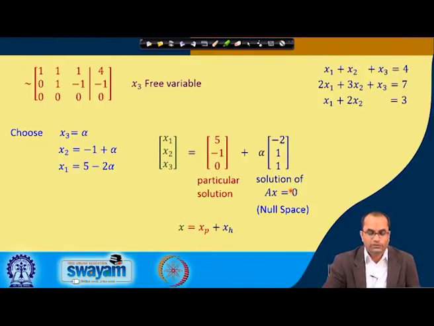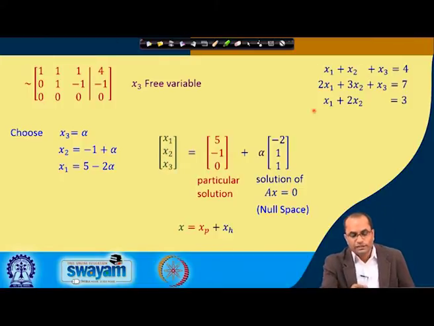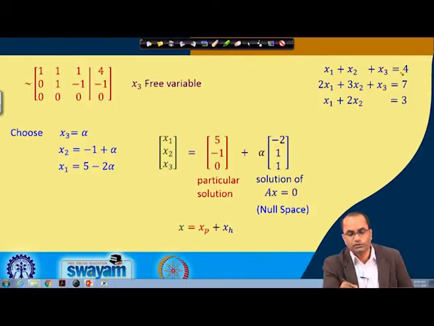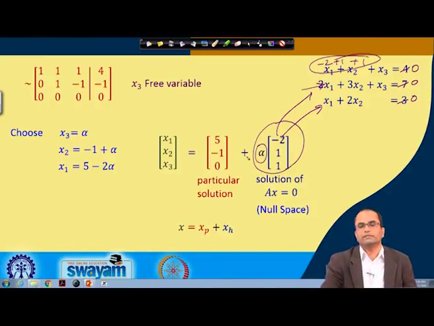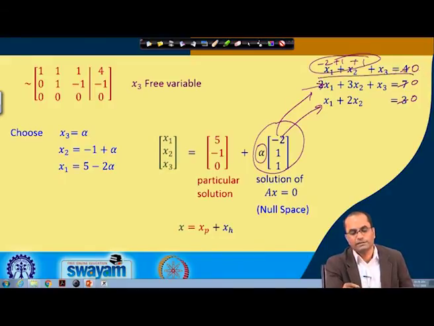One can easily check that this minus 2, 1, 1 satisfies the homogeneous system, where the right hand side is 0. It will satisfy all three equations, and any number we multiply with it will not affect this, because the right hand side is 0.